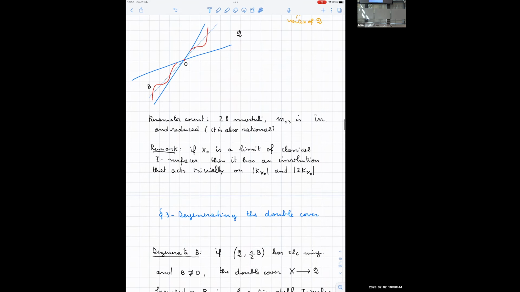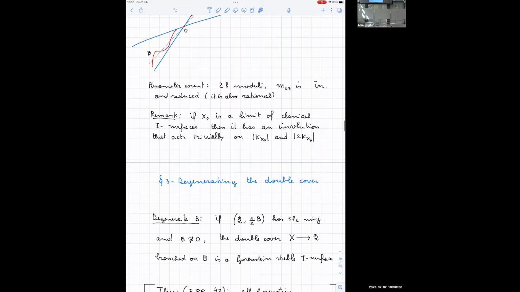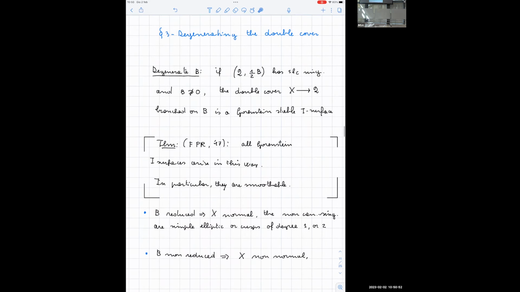So now the question is trying to understand what lies at the boundary. The most simple-minded thing you can do, I think, is to let the branch locus acquire worse singularities. By basically the Hurwitz formula, the surface will stay semicanonical as long as the pair given by the projective cone and half the branch divisor is semi log canonical.